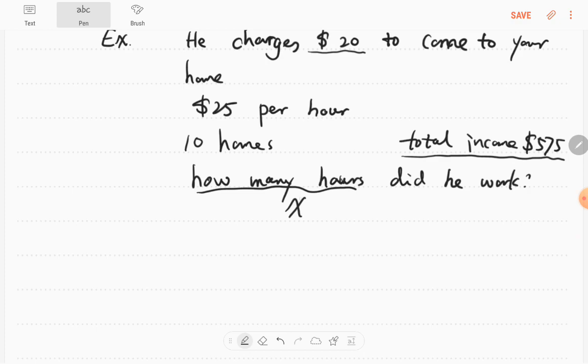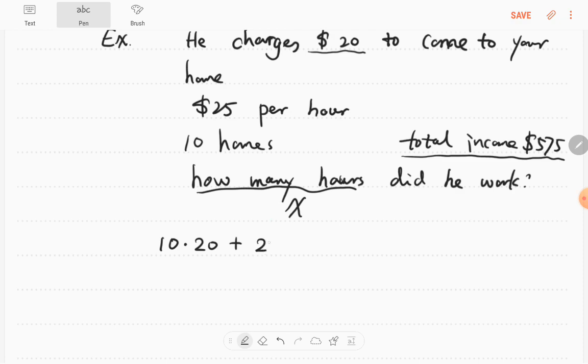So first we already know he went to 10 homes, right? So 10 homes, and each home he will have $20, right? So that's for the on-site fee. Let's check how many hours did he work.